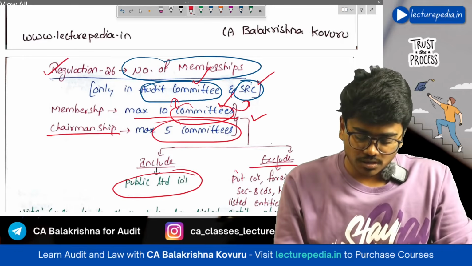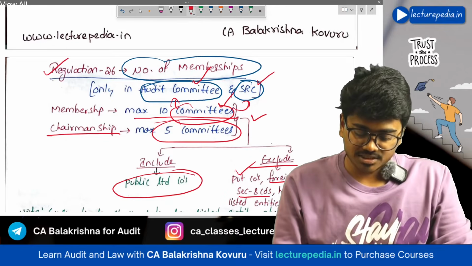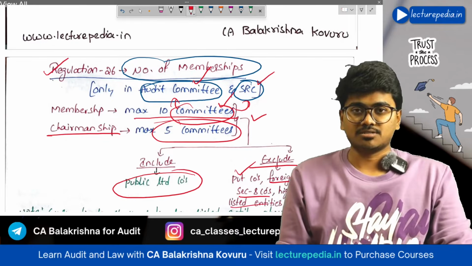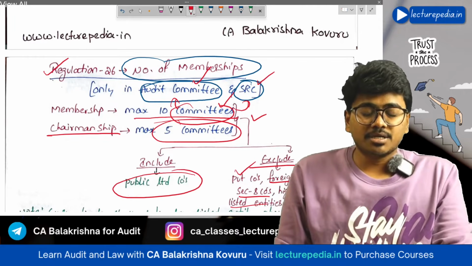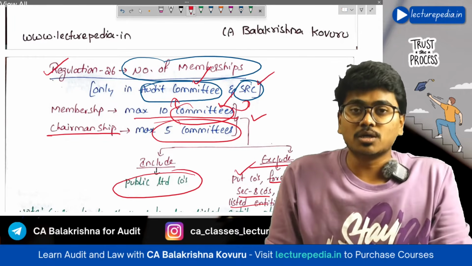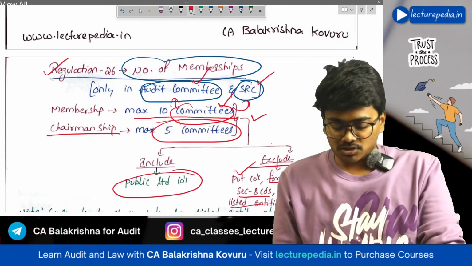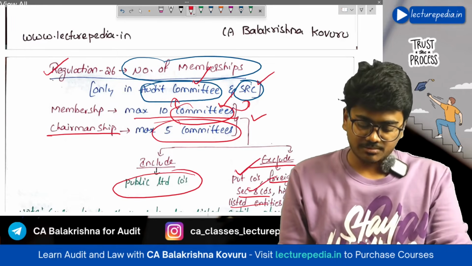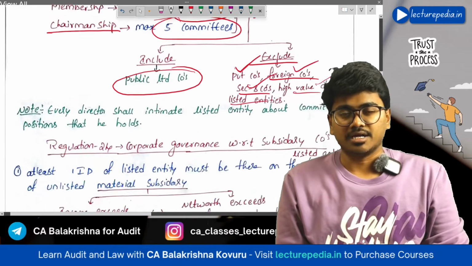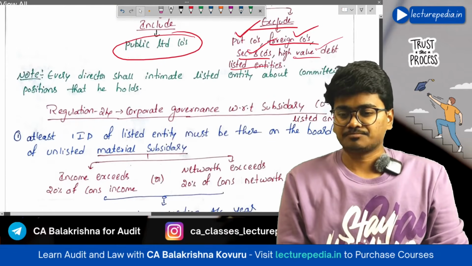And exclude private companies, foreign companies, section 8 companies, high value debt listed companies. For the purpose of calculating this limit on memberships, you have to exclude the membership in the committees of private limited companies, foreign companies, section 8 companies, and high value debt listed entities. Hope that is clear.